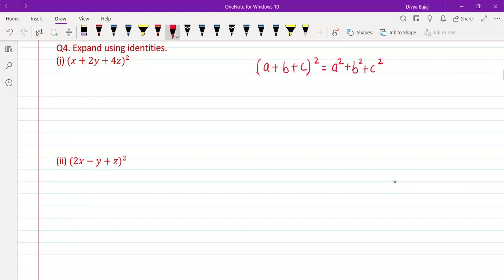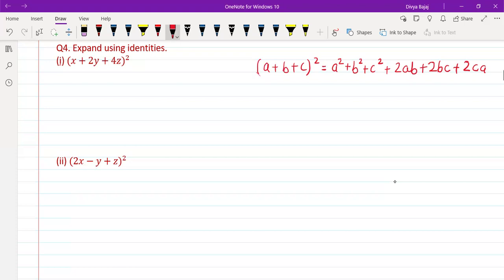So first we are going to do the square of all the three terms separately, plus 2 times a and b, plus 2 times the next two terms, which are b and c, plus 2 times the next two terms. So we are taking all the terms in combinations of 2 one by one. This is how we are going to apply our identities.